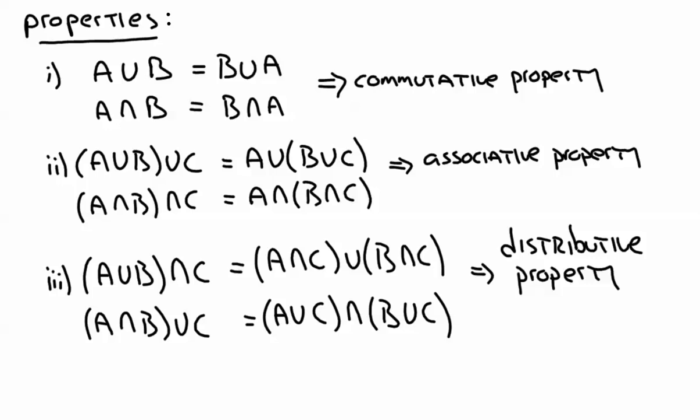Now I want to introduce an extremely important concept that we're going to employ many times. And in fact, we'll see it quite a bit when we get back into discussing conditional probability. And that is the notion of a partition.